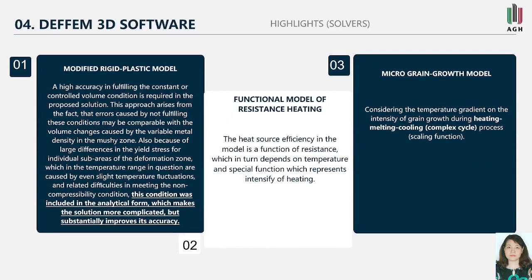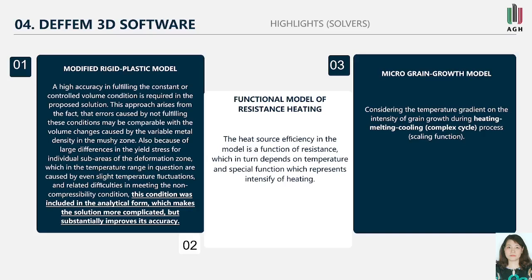What's new and original in the developed software? First of all, a unique model dedicated to deformation of steel in the semi-solid state. It's based on the classic rigid plastic model and consists of three parts: plastic power, friction power, and incompressibility condition.